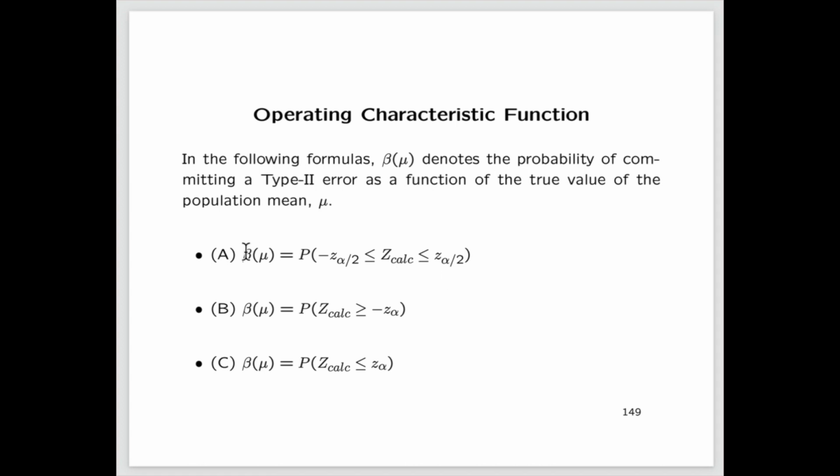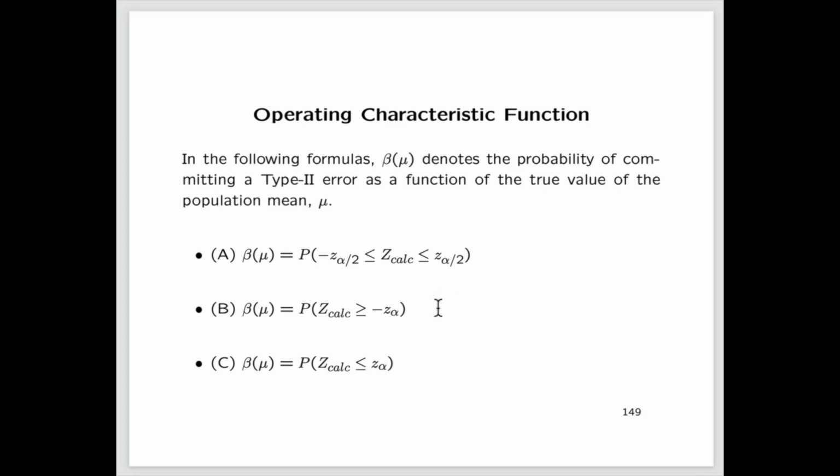And so for a given value of mu for which the alternative hypothesis is true, the probability of a type 2 error, in other words, the operating characteristic function for the test, is given by the probability that we do not reject, and that is given by the probability that z-calc is between negative z sub alpha over 2 and positive z sub alpha over 2.